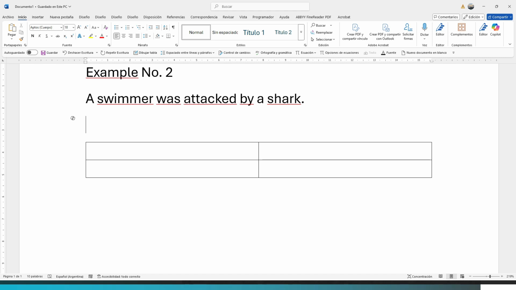So, un tiburón atacó, and here is the ambiguity. Un nadador, una nadadora. Why? Because we do not have any kinds of references in the original text as to decide in favor of male gender, un nadador, or female gender, una nadadora. No proper nouns, no determiners, no personal pronouns.